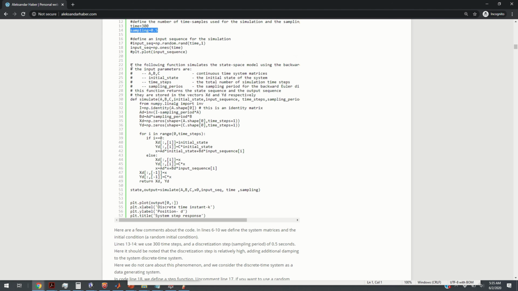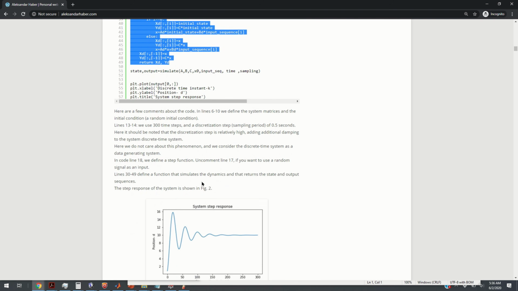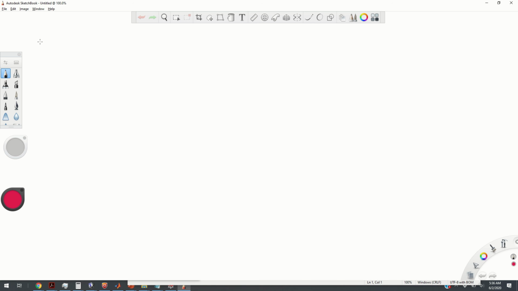And this function here basically codes the backward Euler method for simulating the system. If I present to the system a step input force, the system response will have the following form. It will oscillate. So let us elaborate a little bit more on the system response and on the type of input force that will be used for machine learning.